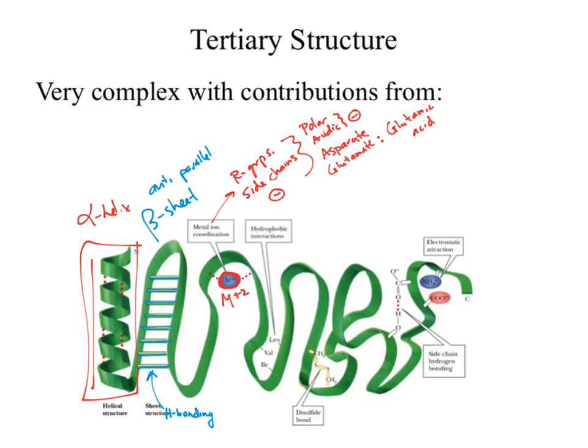All you're referring to is the charge of that R group. In the aspartate and glutamate, you're looking at the negatively charged carboxylate salt. And in the glutamic acid or aspartic acid, you're looking at the hydrogen still being on the structure.